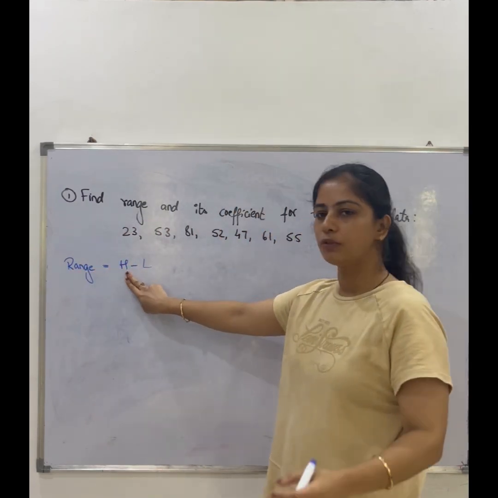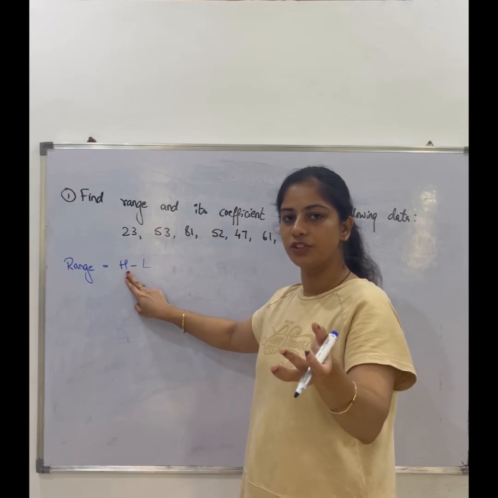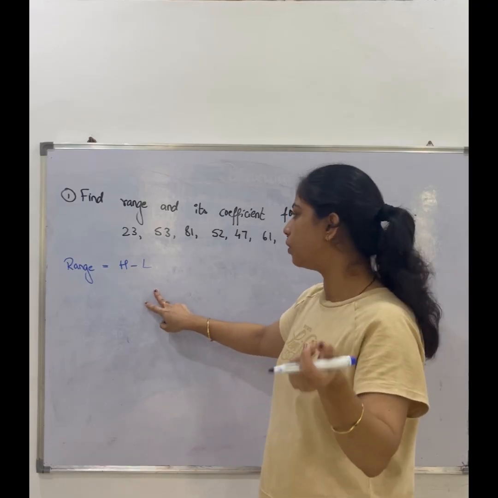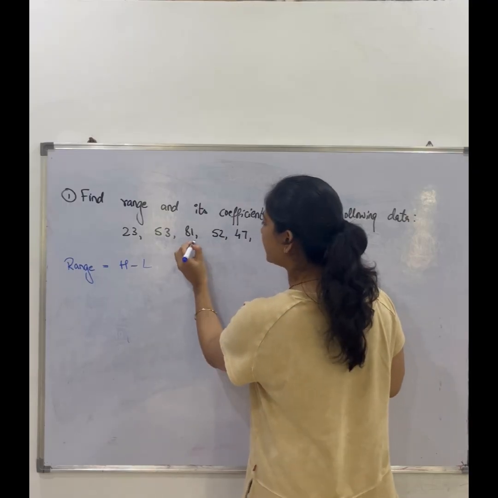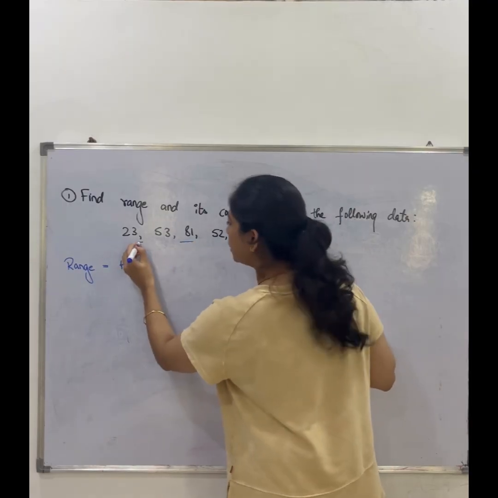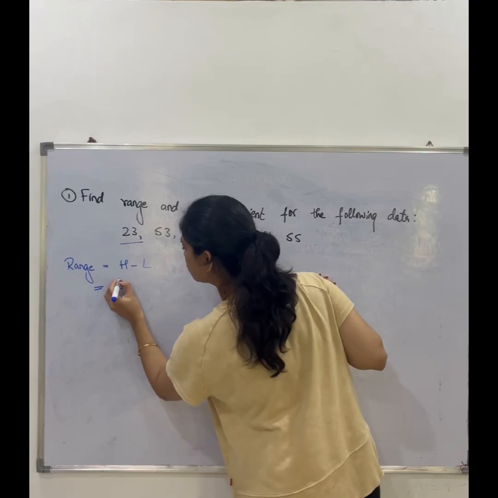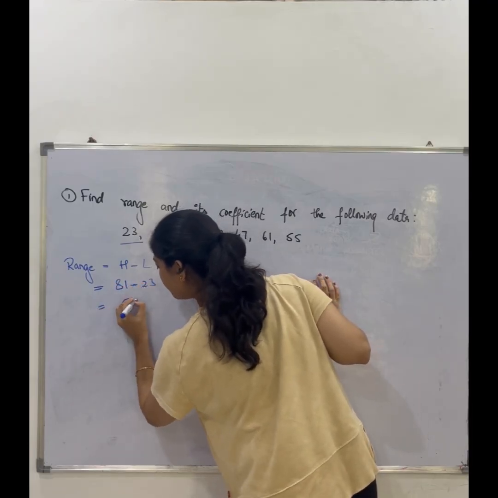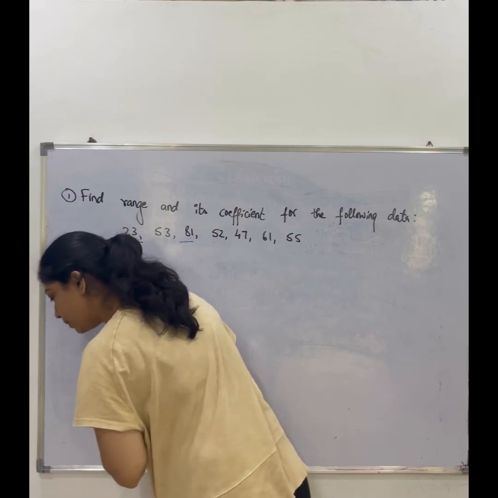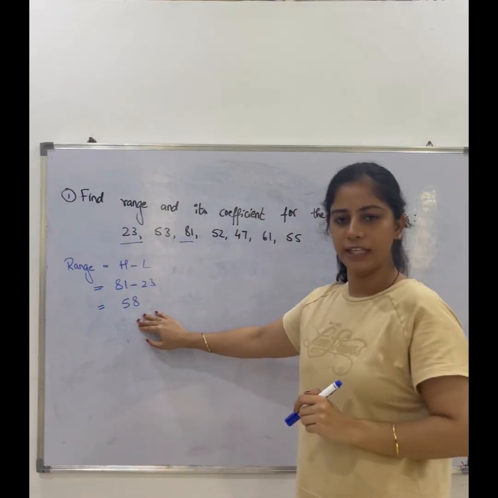In this case, our highest value is 81 and the least value is 23. So we simply substitute: 81 minus 23, which is 58. This will be your answer for the range.